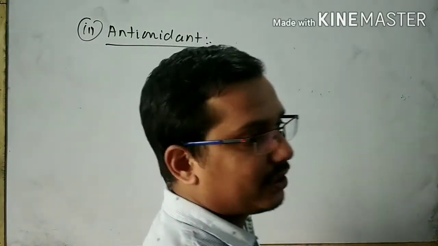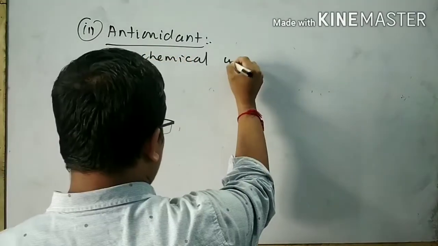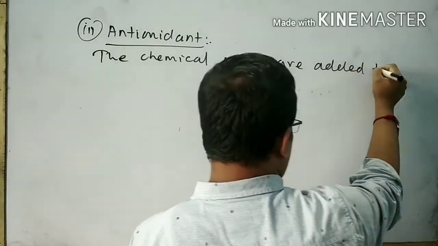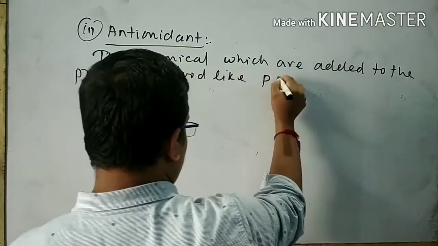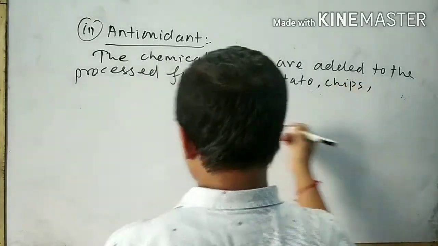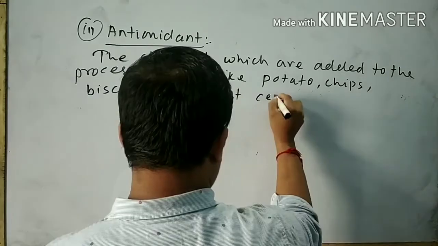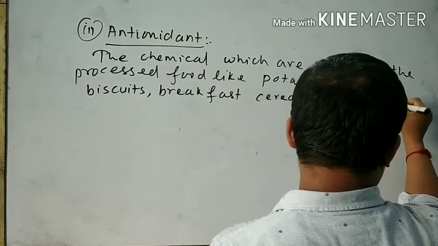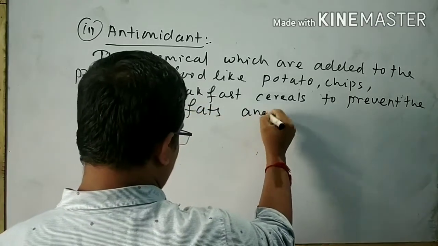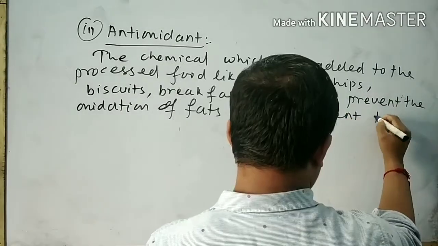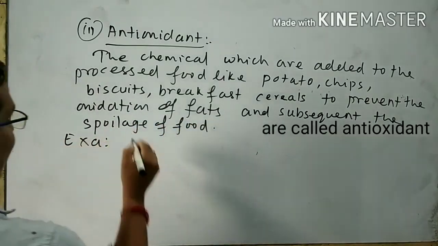These chemicals are generally used in processed food like potato chips, biscuits, etc. So we can write: the chemicals which are added to processed food like potato chips, biscuits, breakfast cereal, to prevent the oxidation of fats and subsequent spoilage of food.